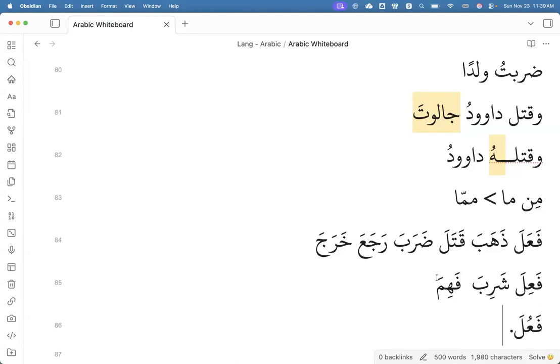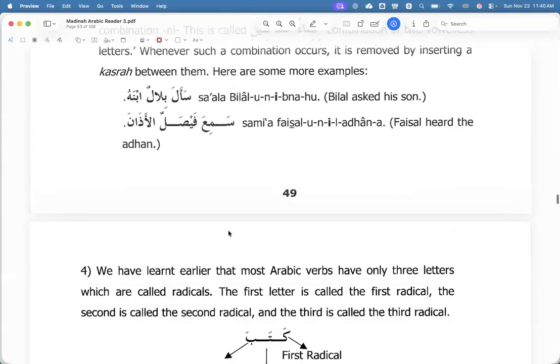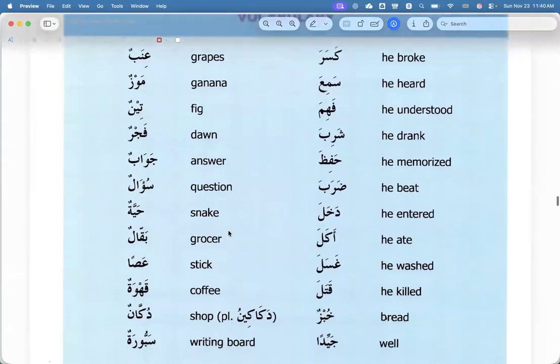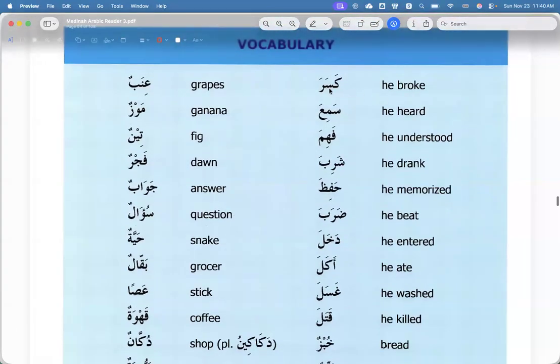Fa'ula. For example, let me think. Oh, I can't think. Let me look to see if it has any examples. For example, you see kasara, he broke. Sami'a, he heard. Fahima, he understood. Shariba, he drank.